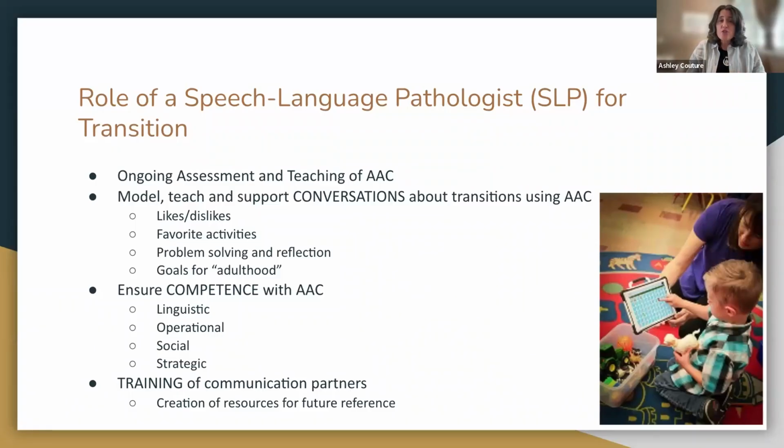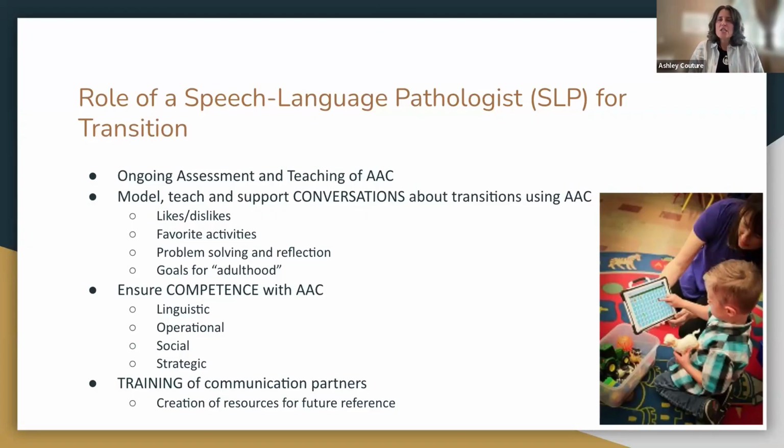There's operational competence, which means do they know how to use the technology that is their communication. There's social competence. So using this alternative method, have we given them plenty of time to practice social interactions and all the nuances that those entail? And then strategic is really where that problem solving piece comes in.